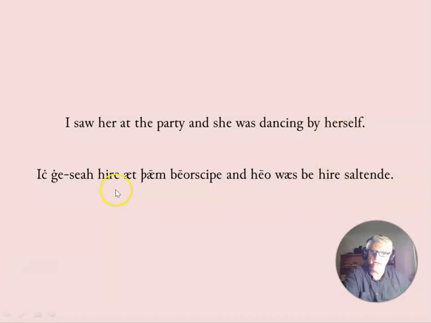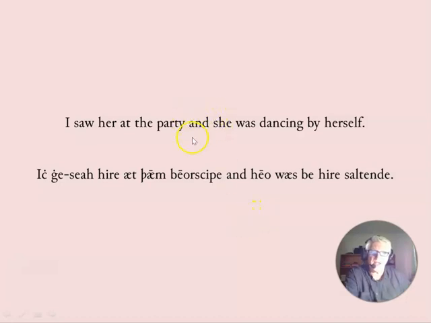Okay, same pronoun, but in this context, you have to interpret it as a reflexive pronoun. Herself, himself, itself, whatever is the case here. So here, which is her, we don't say she was dancing by her. We don't say that. Okay, you have to understand it's by herself dancing.